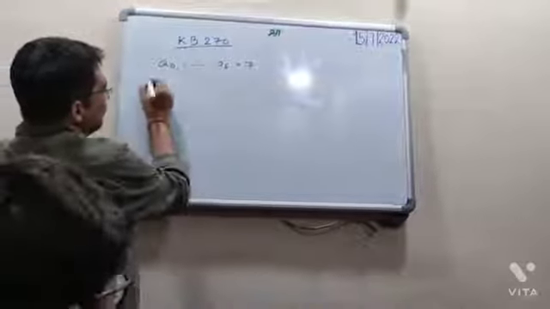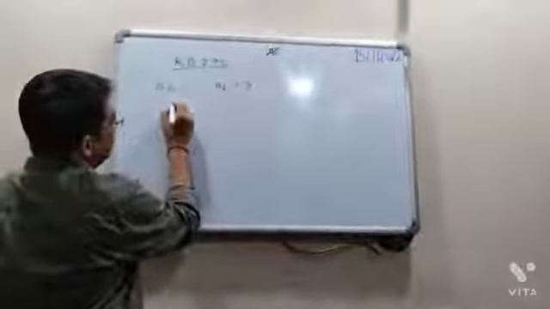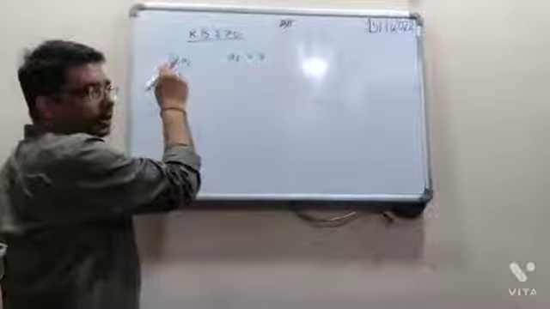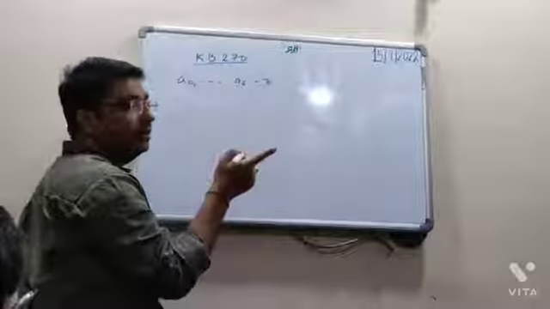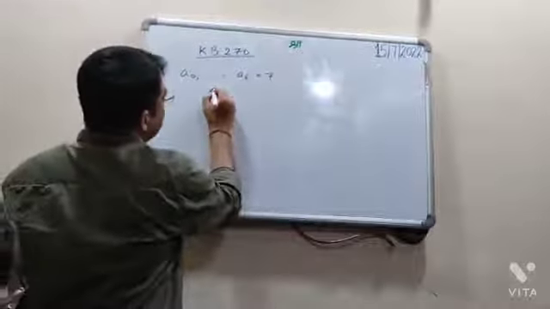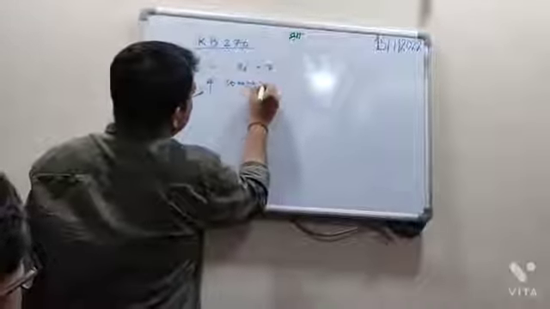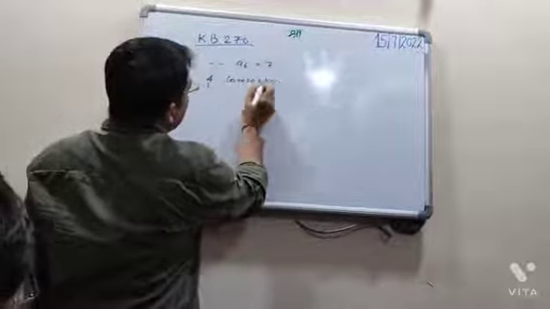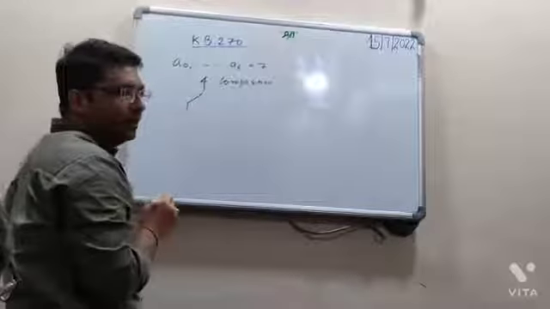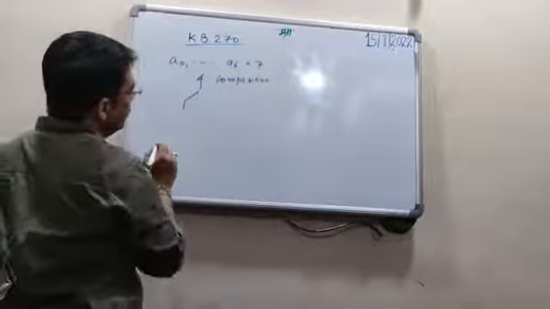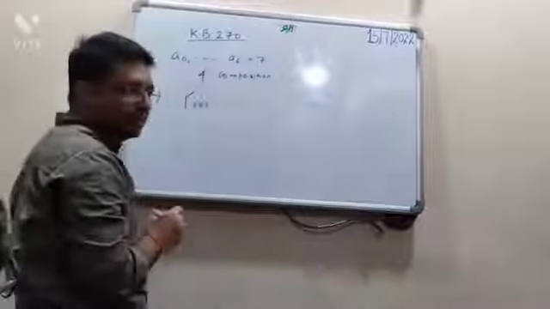Okay, so see, how many channels are there in KB-270? 50. But a single channel can have 4 compositions. 4 compositions, right? Now, let us take one composition, and let us assume it is a fat or oil or whatever it is.